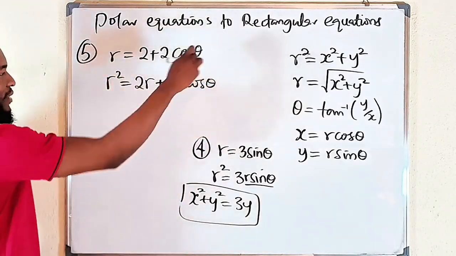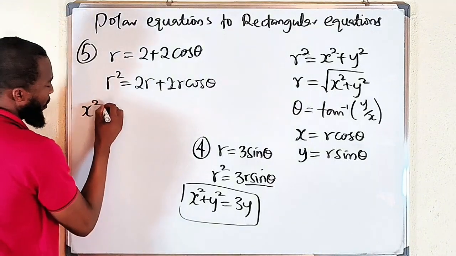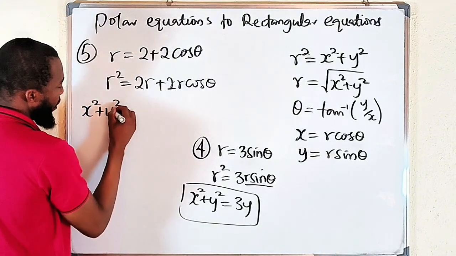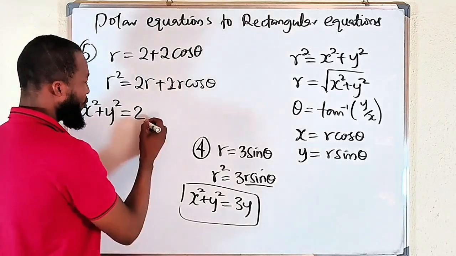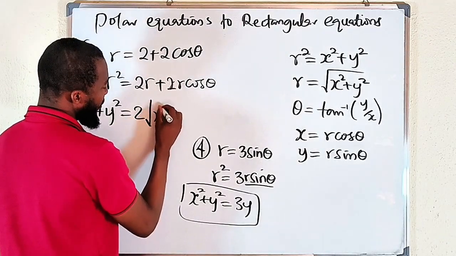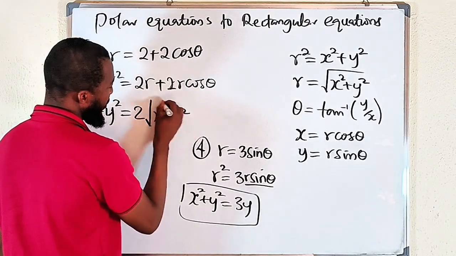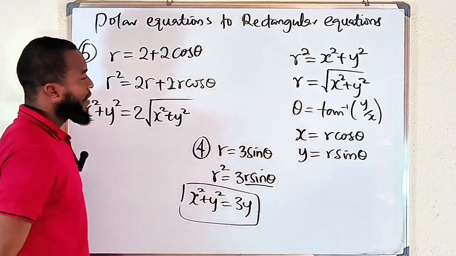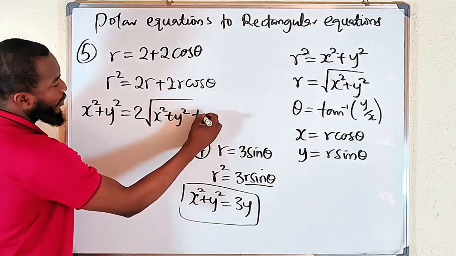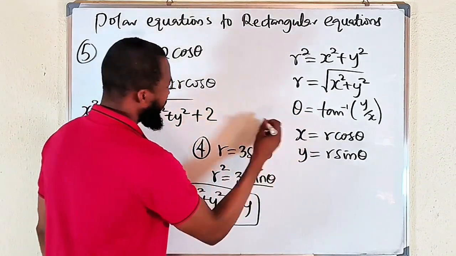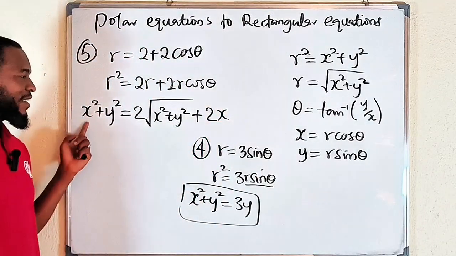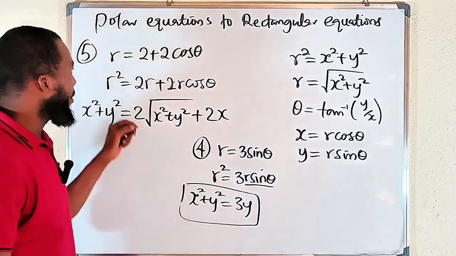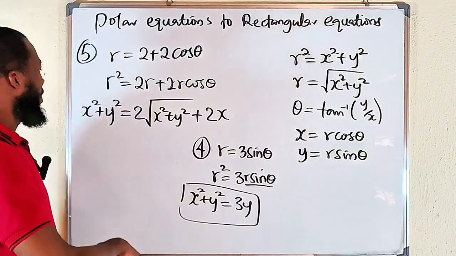It is x squared plus y squared. 2 times r. What is r? R is the square root of x squared plus y squared. Remember, right? Then we have plus 2 times r cos theta, which is x. That is 2x. And hence, you can see that this is a rectangular equation of this polar equation.